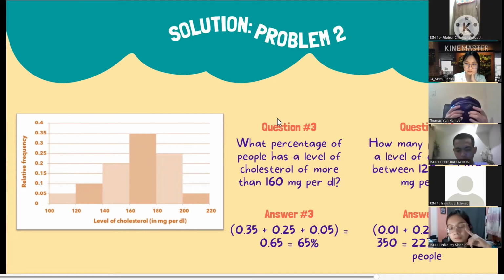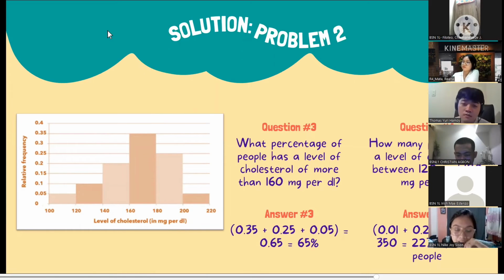Add those three and multiply it by 100. In question number 3, the percentage of people who have a level of cholesterol of more than 160 milligrams per deciliter is 0.65 times 100, which equals 65%.